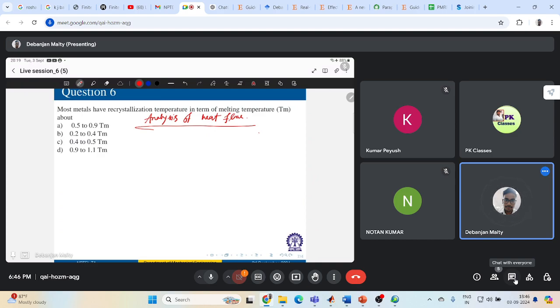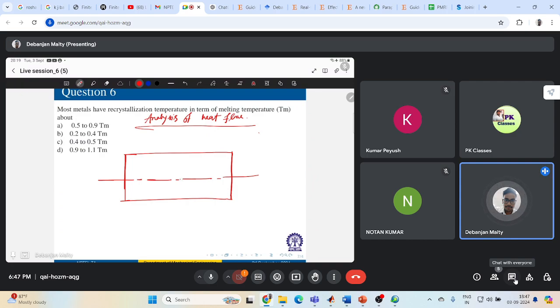Let me draw something. Let's say this is the top view of your plate. This is my center line.